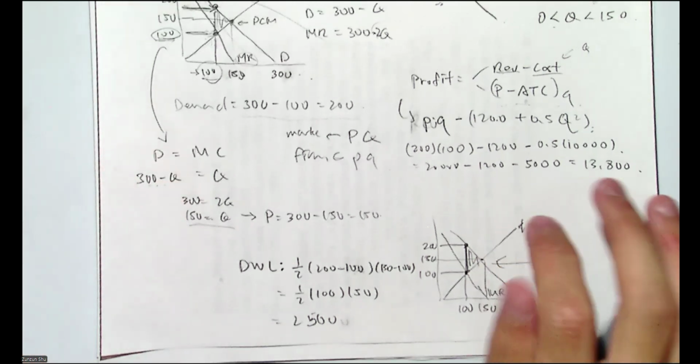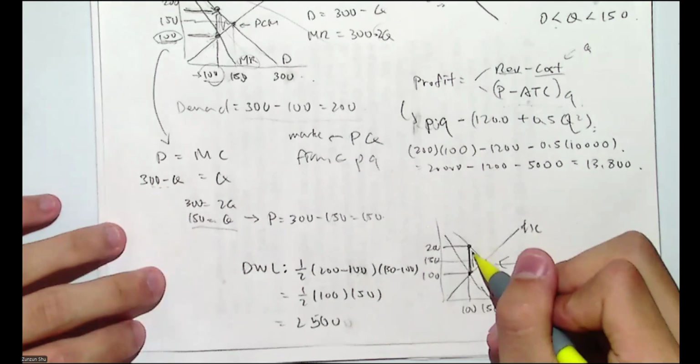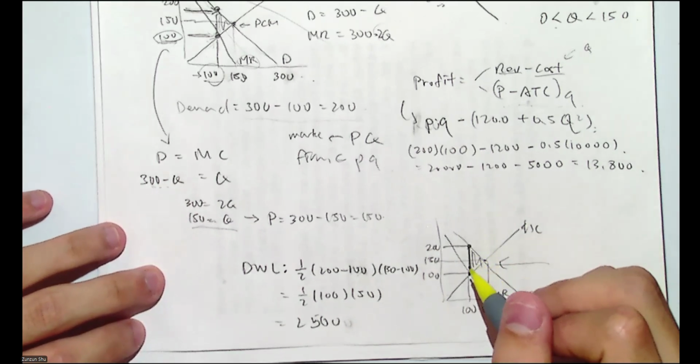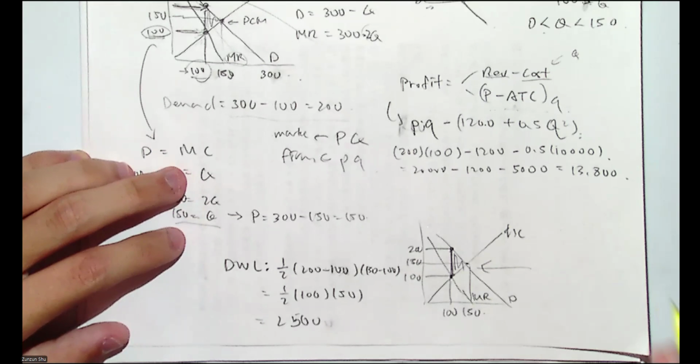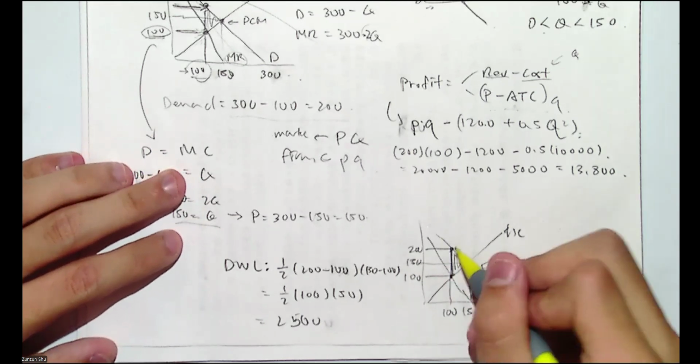But another way, by the way, it's always good to draw out and calculate the triangle area. That's the correct way to do it. But if you want a formula, you could also derive it here, I guess.